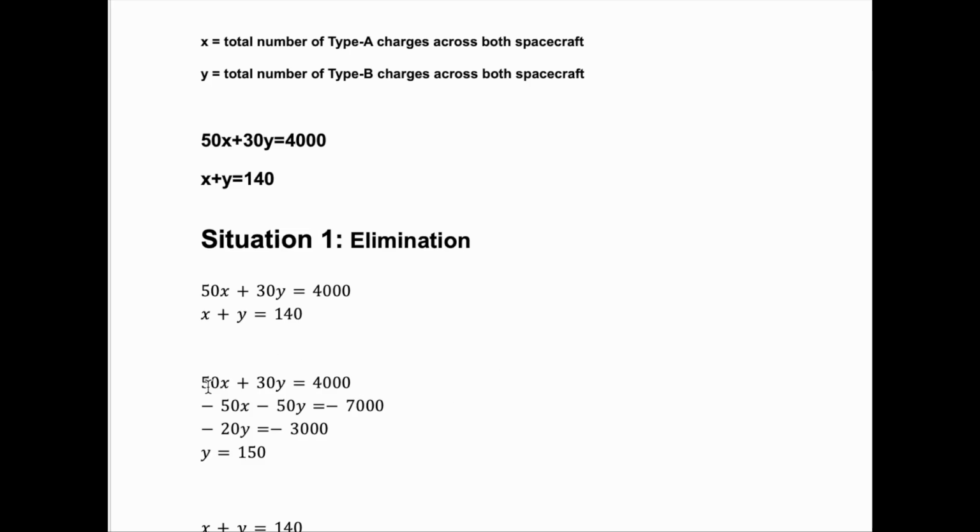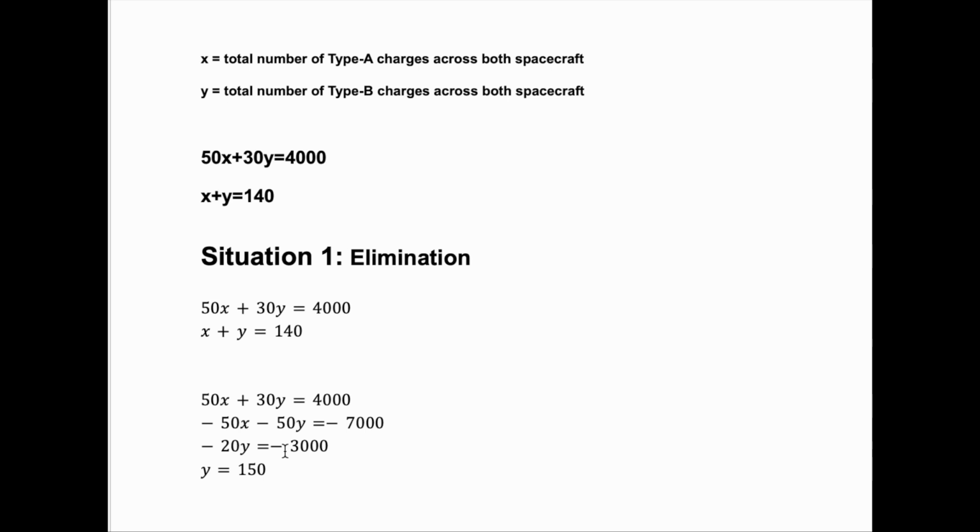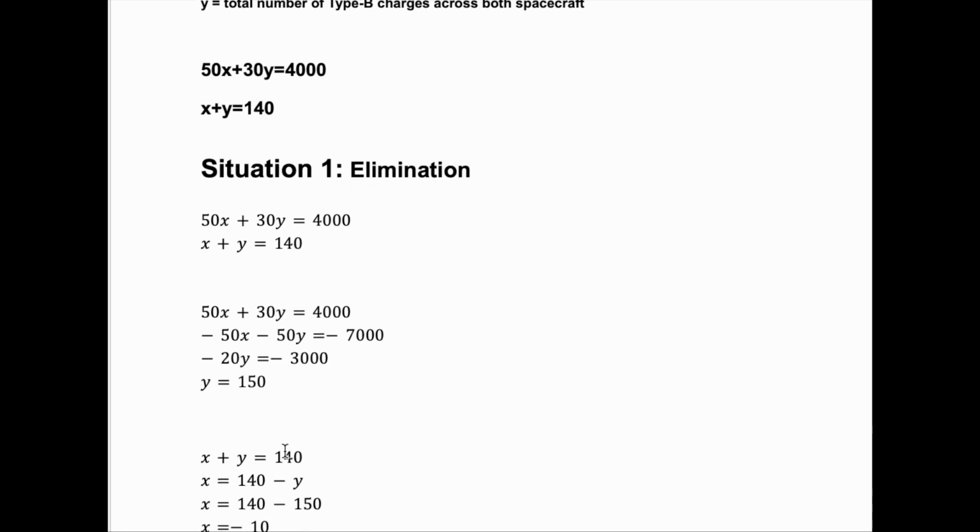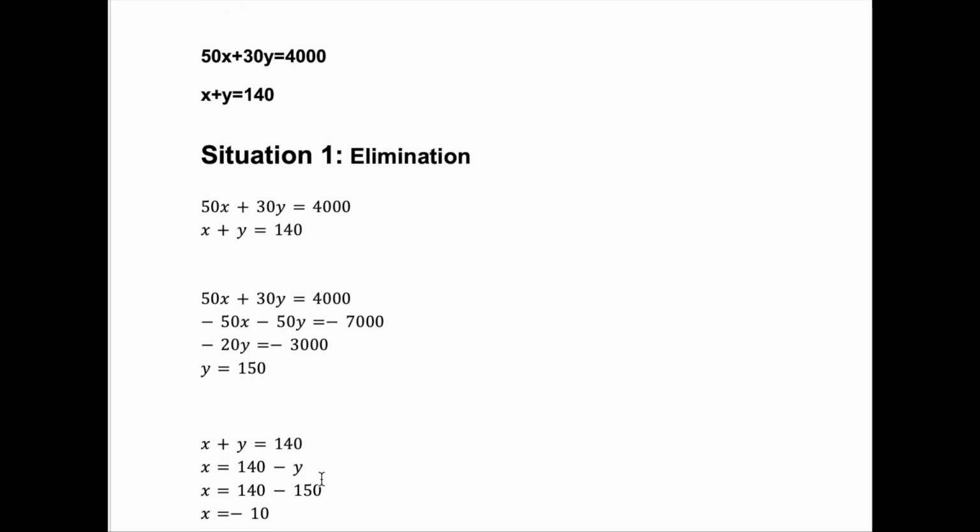Now we'll want to subtract this equation from the first equation, which will give us negative 20y equals negative 3,000. And if we isolate y by dividing both sides by negative 20, we'll get y equals 150. Now, since we got the y value, let's find the x value.